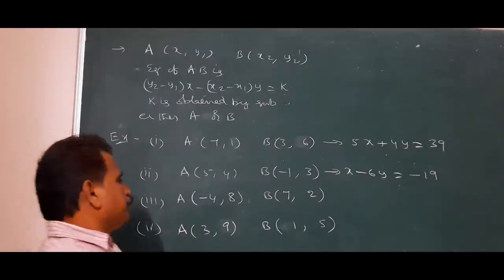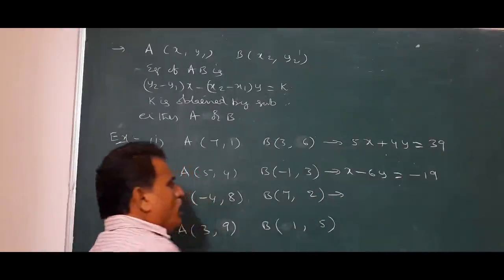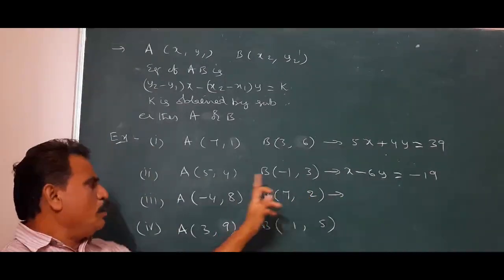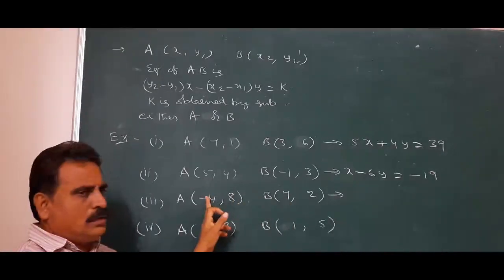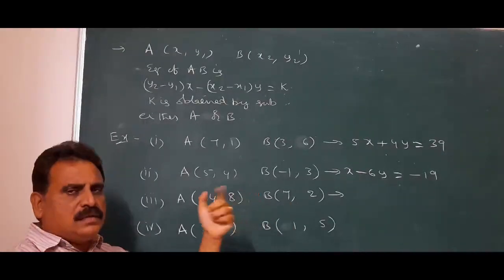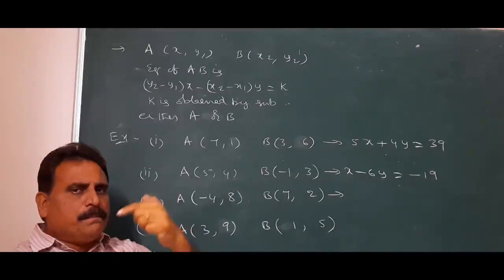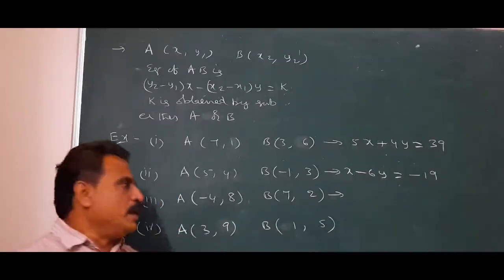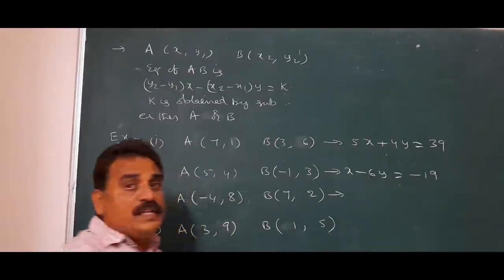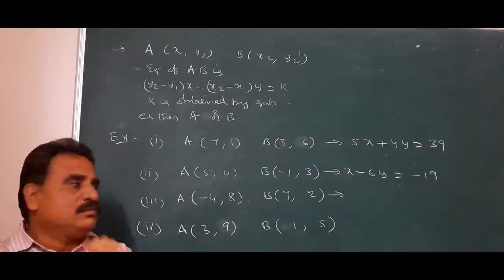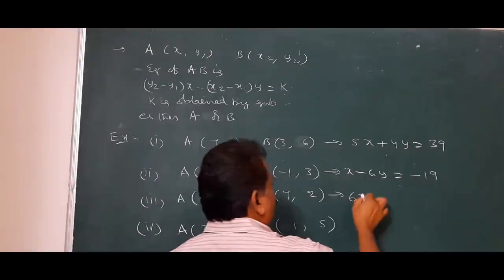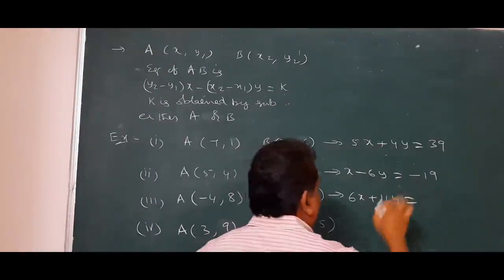Now here. Difference of y coordinates: 2 minus 8 is -6. x difference: 7 plus 4 is 11. -6 by 11 is the slope, a by b for ax plus by. So here the slope is -6 by 11. Keep in mind: 6x plus 11y equal to.